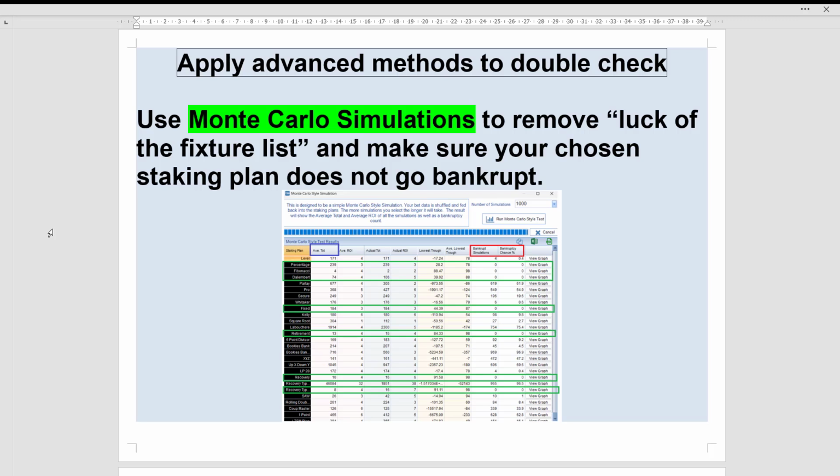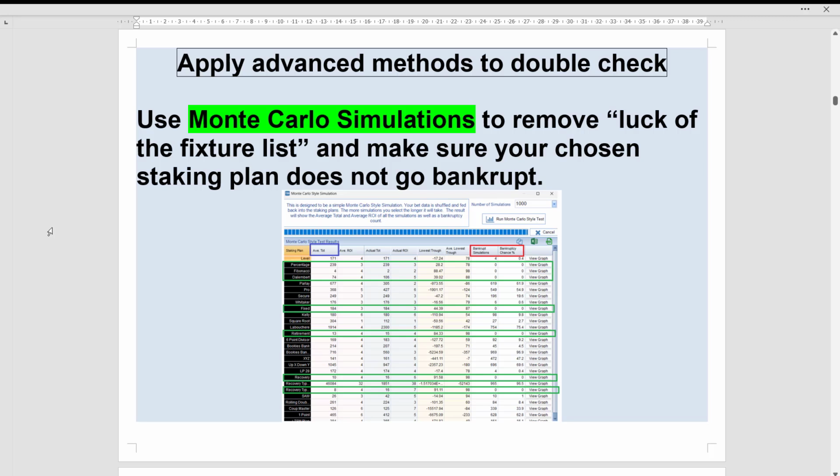And if it was a different fixture list, if games or races had happened at different times, you could have actually gone bankrupt. So what we can do is use Monte Carlo simulations, which shuffle the order of the bets. It doesn't change the results, but it shuffles the order of the bets so that if the fixture list had been different, would you have still made profit without going bankrupt from your starting plan?